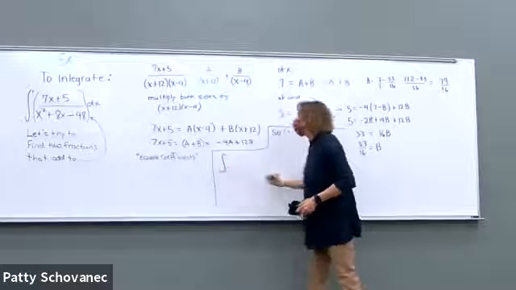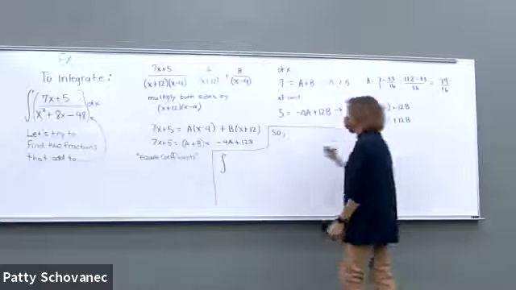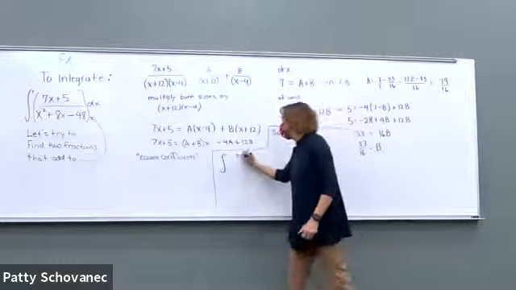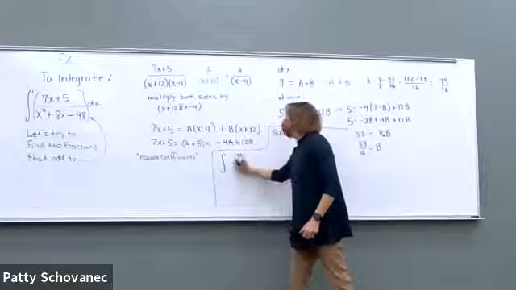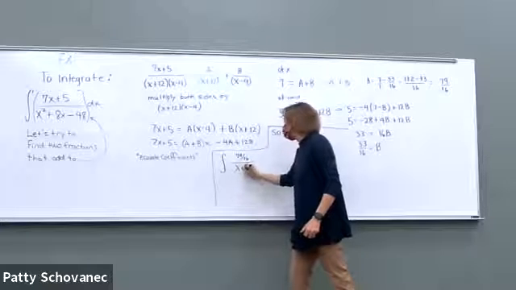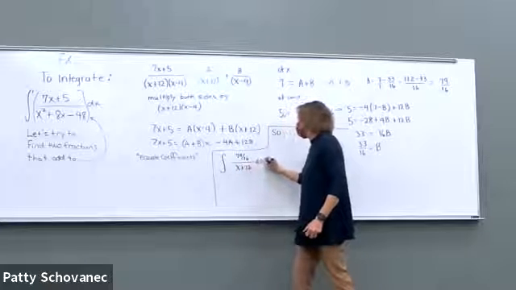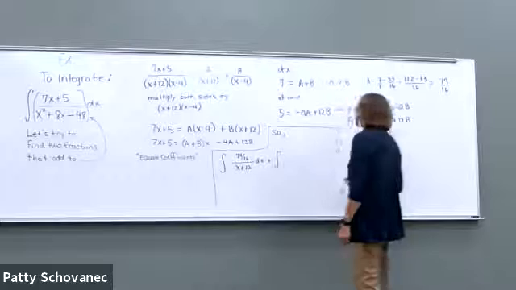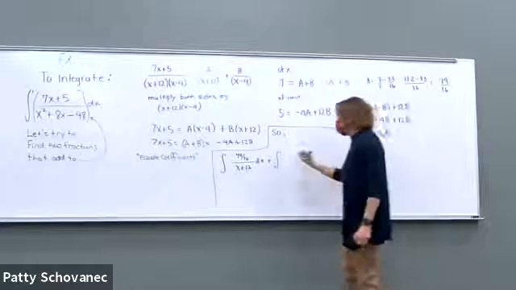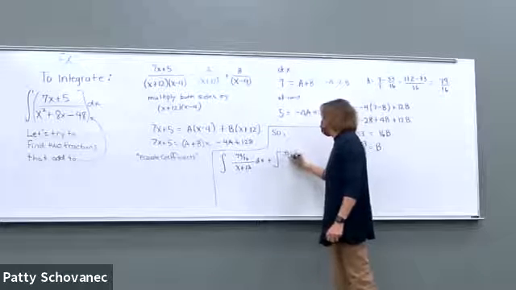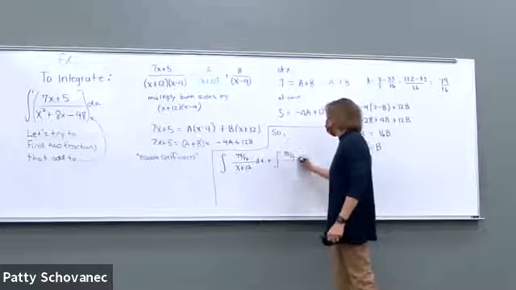We have the integral of A, which is 79 over 16, divided by x plus 12, plus the integral of B, 33 over 16, divided by x minus 4.